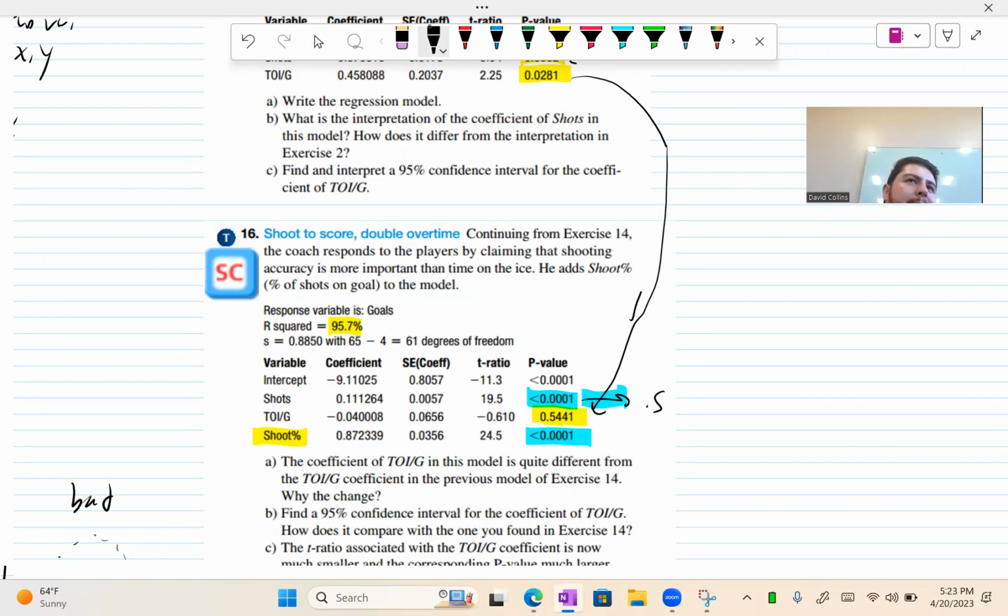That's totally possible. But those two don't need to be collinear with each other. No, not necessarily. You wouldn't know just from this readout how many things are related to each other. You need pictures.